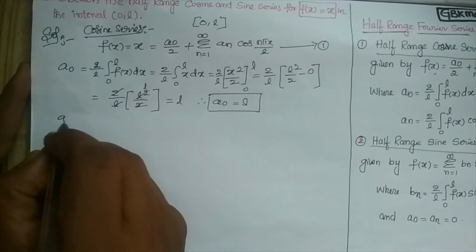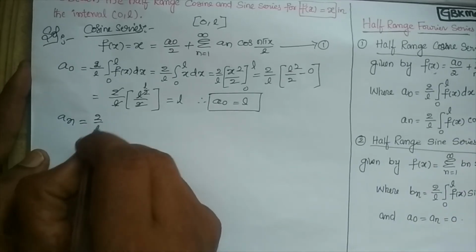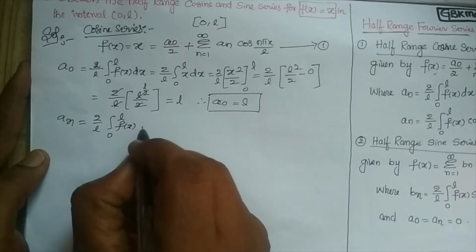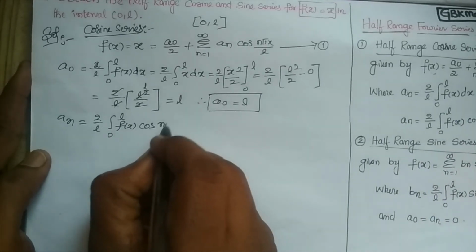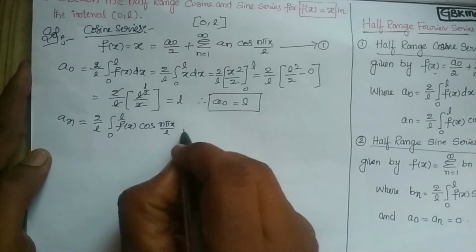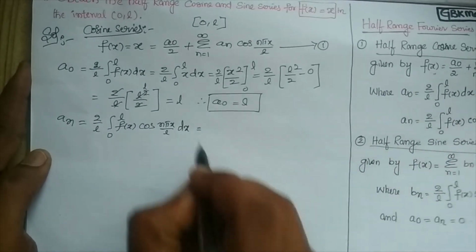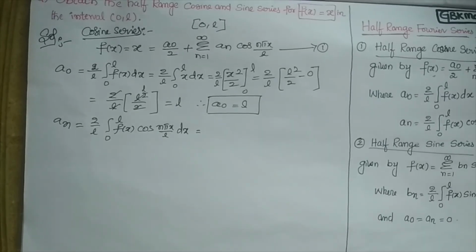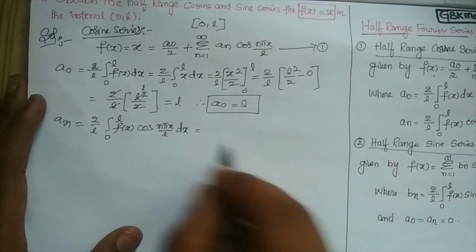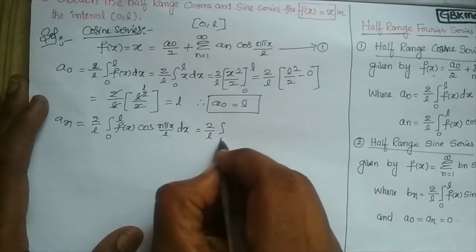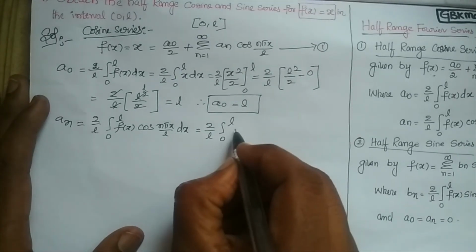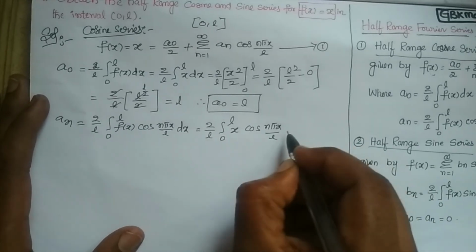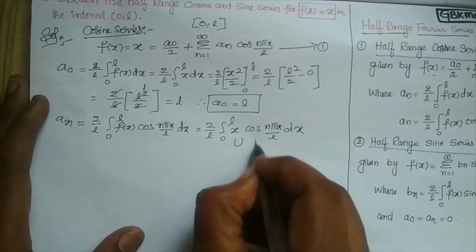Coming to an, it is 2 by L integral 0 to L f of x cos n pi x by L dx. Let us go with Bernoulli's rule. 2 by L into integral 0 to L of x cos n pi x by L dx. You can apply the UV formula.